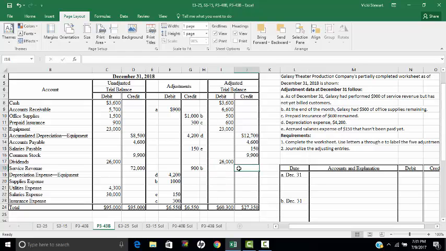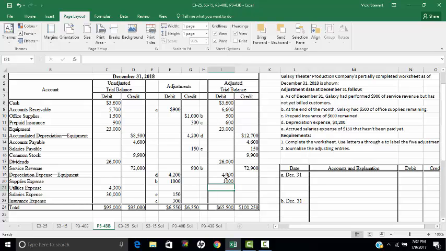And then service revenue had a $72,000 credit balance, and we made a $900 adjusting entry, so that was also a credit, so the total would be $72,900. Then our depreciation expense, we had no balance to start with, but we made a $4,200 debit. Supplies expense, no balance to start with, but we made a $1,000 debit.